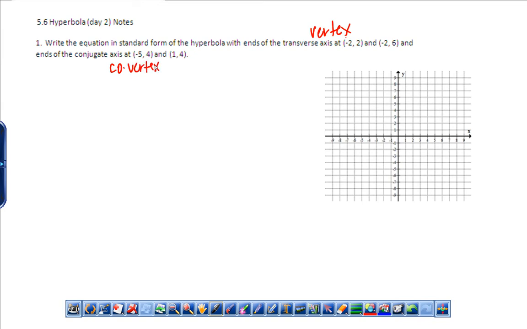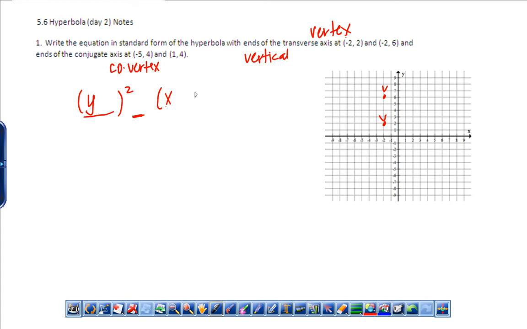So I'm going to go ahead and plot these points on my graph. We've got negative 2, 2 as a vertex, and negative 2, 6 as a vertex. That means this is a vertical. Remember, on your vertical, you can go ahead and start setting this up. Your vertical is y first. Quantity squared, remember hyperbola is a difference.